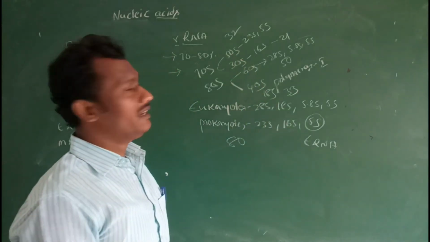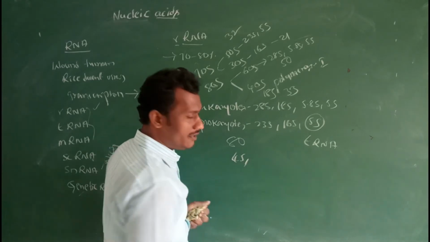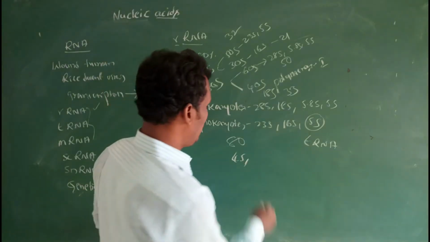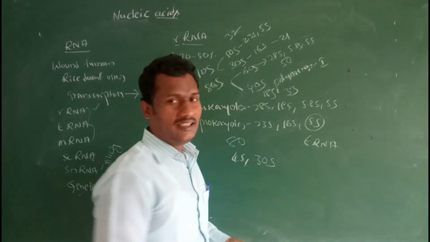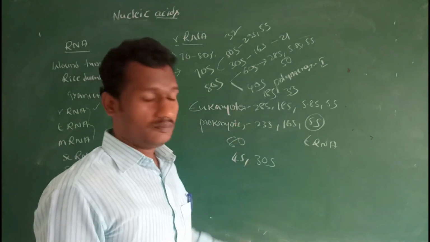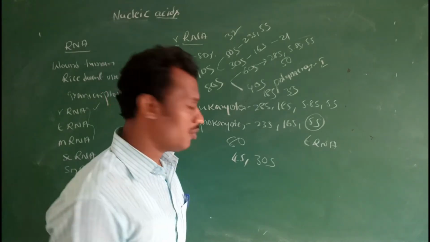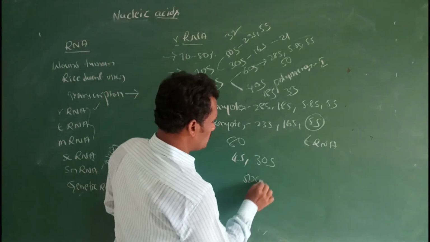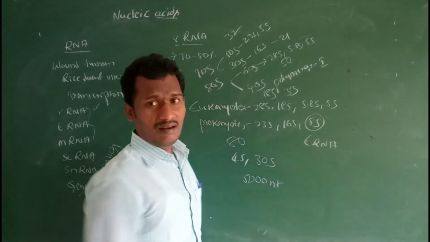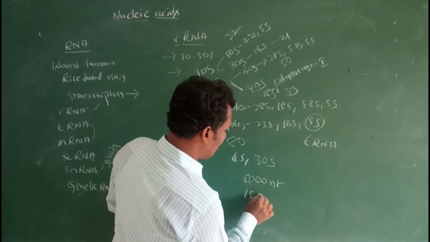Next, the sedimentation coefficient of this precursor rRNA is 45S in eukaryotes, then 30S in prokaryotes. Approximately 5000 nucleotides are present. Then molecular weight is approximately 18 lakhs.